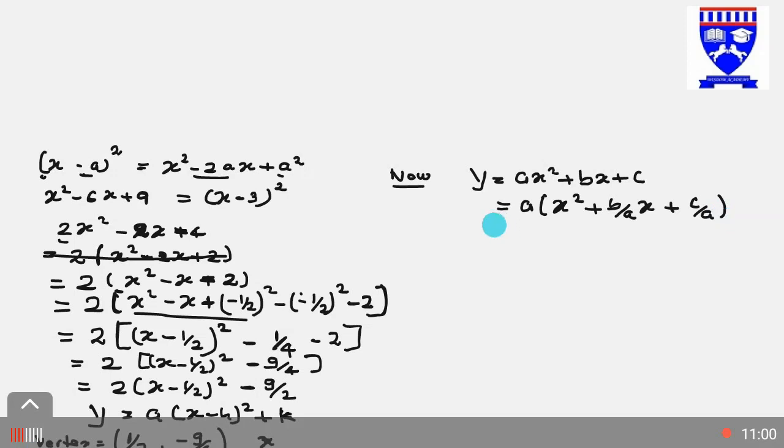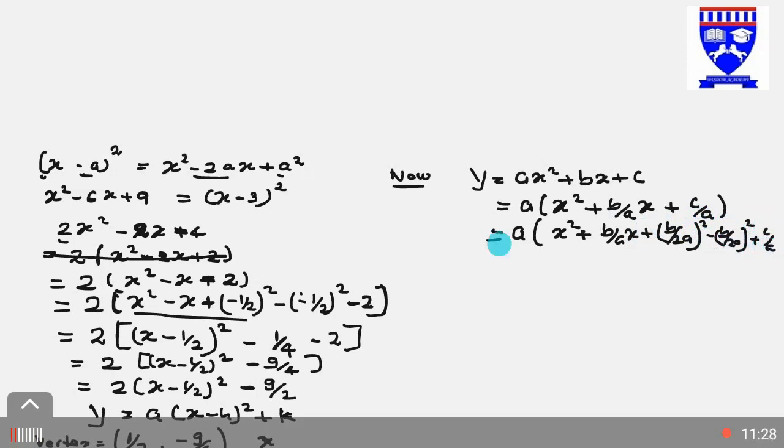So now I am going to do the same thing: a into x squared plus b by a x plus b over 2a squared, minus b over 2a squared, plus c over a.